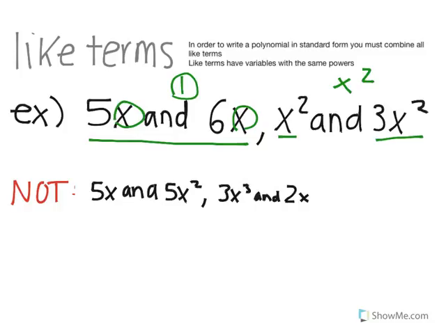Non-examples are 5x and 5x squared. They do not have the same power. And neither does 3x cubed and x squared, because 3x cubed has a power of 3, and x squared has a power of 2, so they do not have the same power on variables.